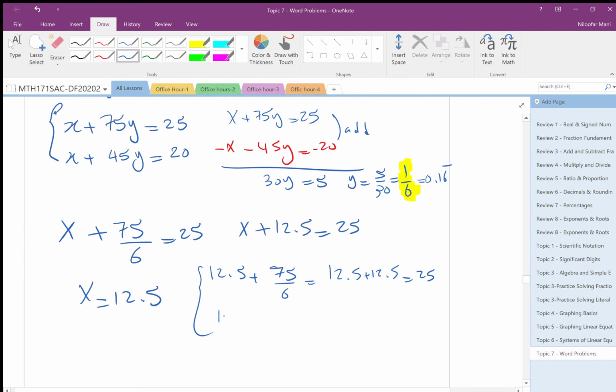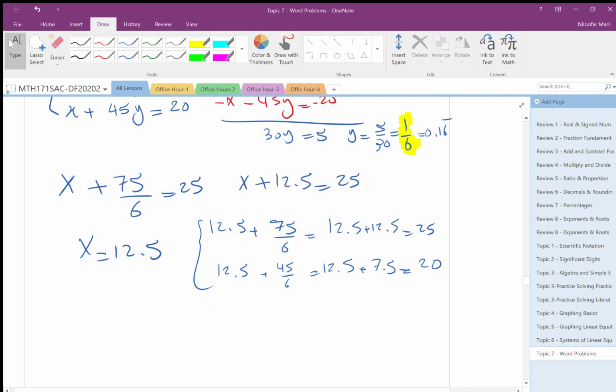And then I have 12.5 plus 45 divided by 6, which is 7.5. So 12.5 plus 7.5 is equal to 20. Okay, yes, that's correct. Good. Then I can write my answer.